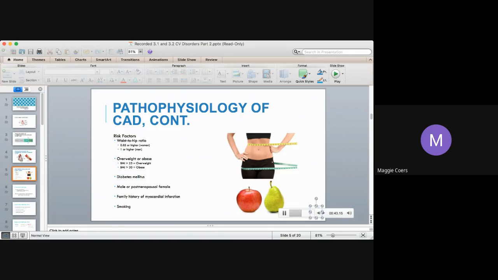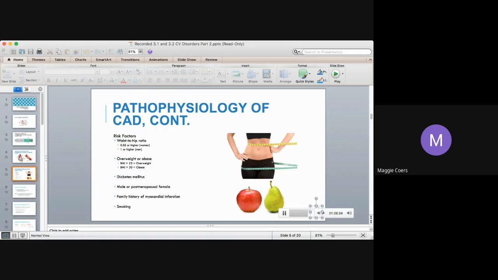A risk factor for coronary artery disease would be women having a 0.85 waist hip ratio or higher, or men having a 1 or higher waist hip ratio. Obesity or being overweight is also a very important risk factor, and I have some different BMIs listed on your slide.